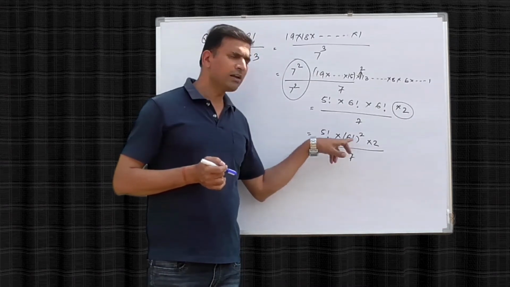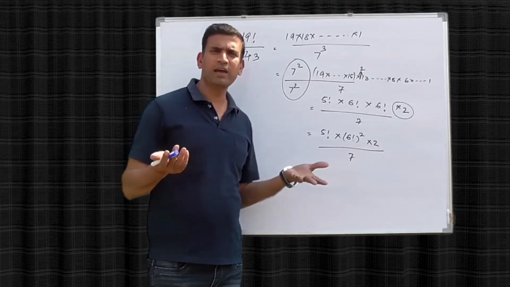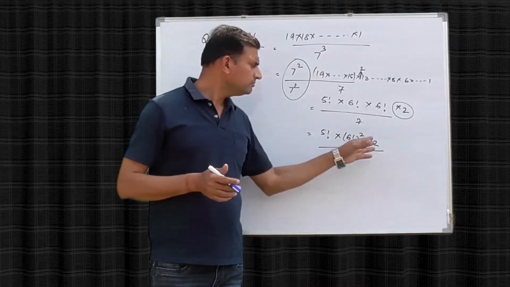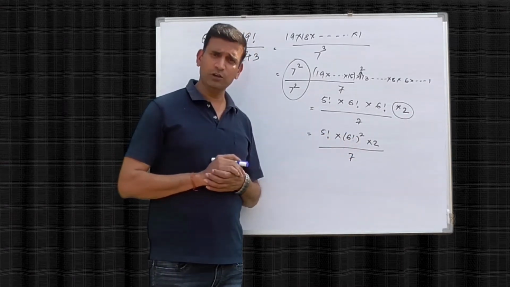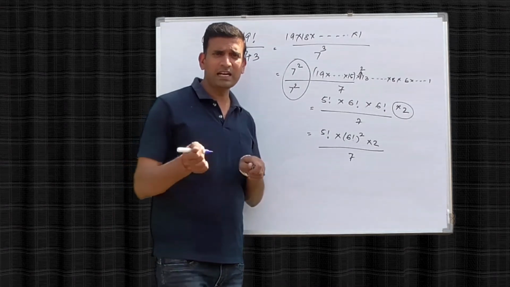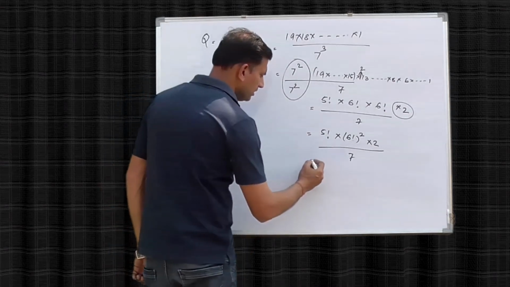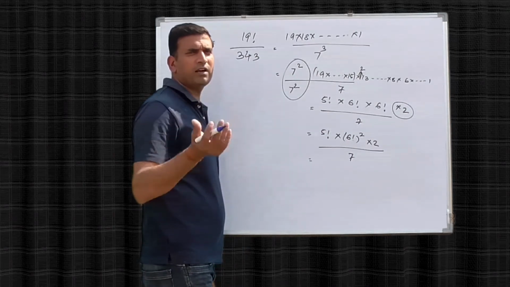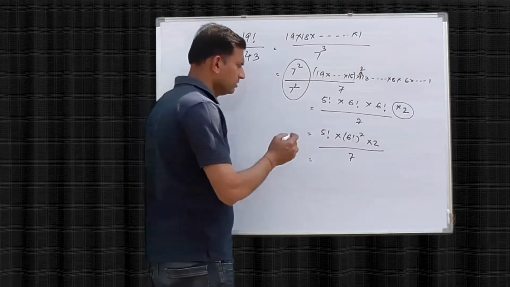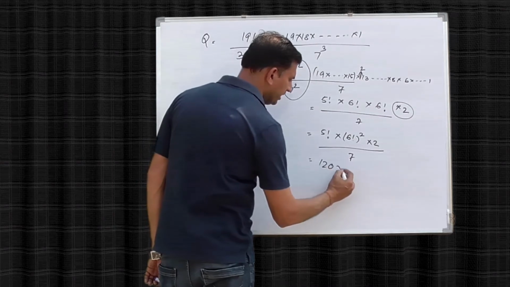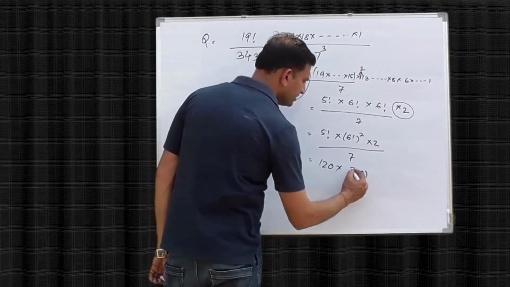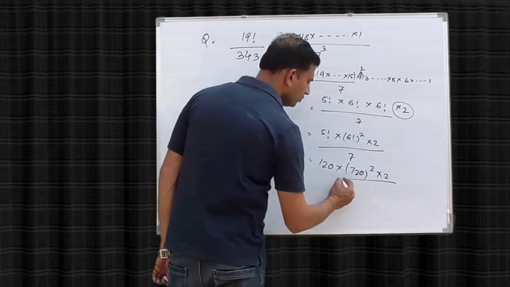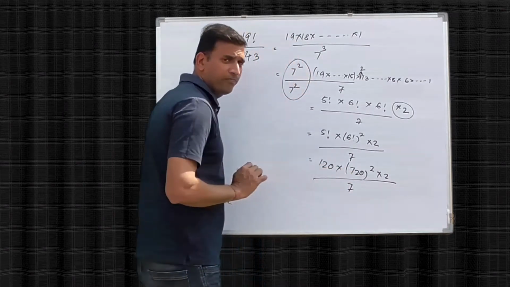So here we are having minus 1 square, that equals plus 1. 5 factorial equals 120. You can find out all those things mentally, but for explanation I just write down those things. This is 5 factorial meaning 120, this is 720 square, this is 2 divided by 7.